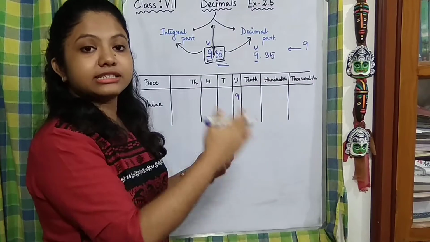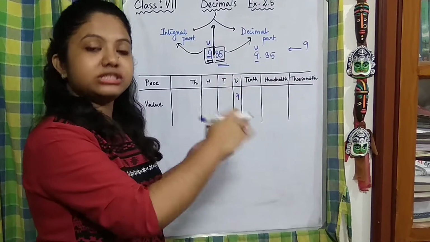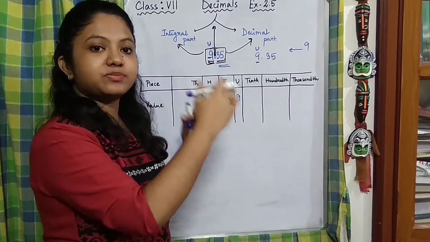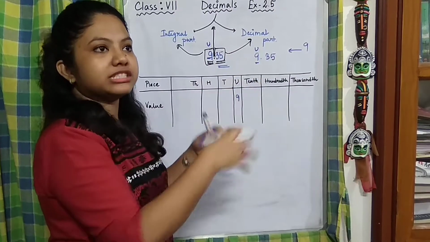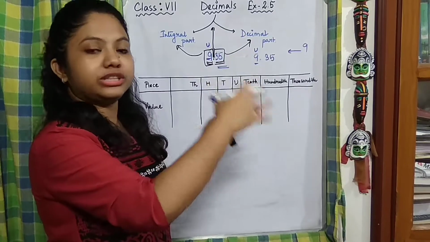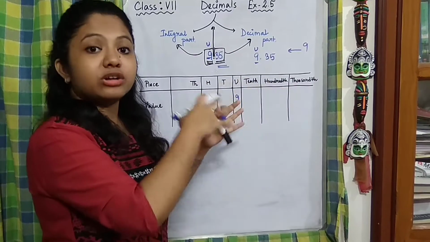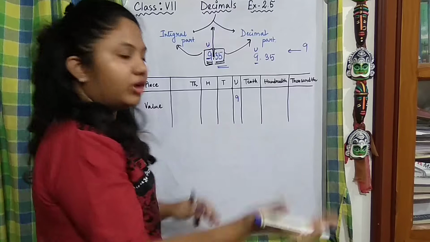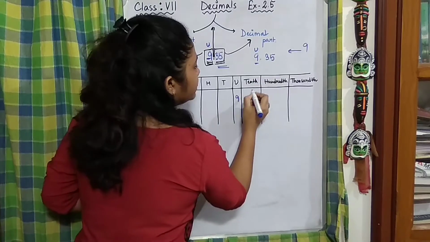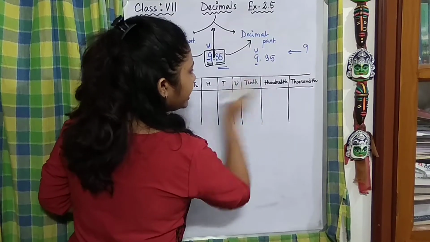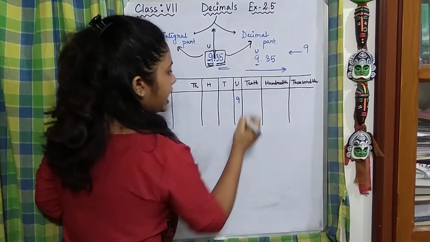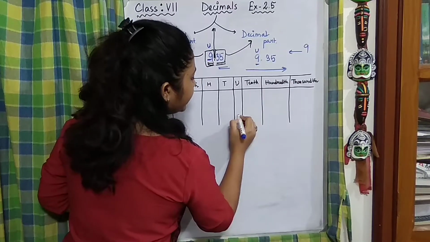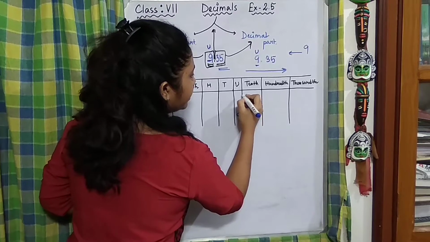We cannot call these 300 or 3500 or like this, because their place value will be different. What is their place value? When we go to the right-hand side of this place value chart, they will be denoted as follows.